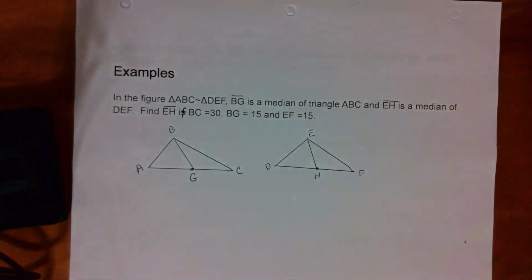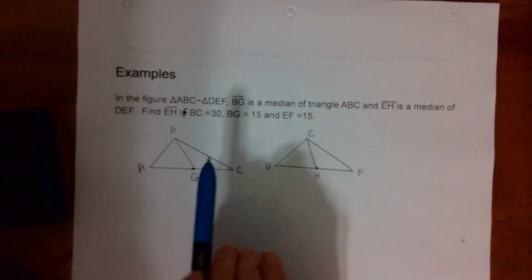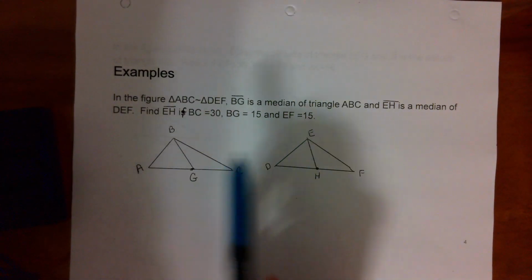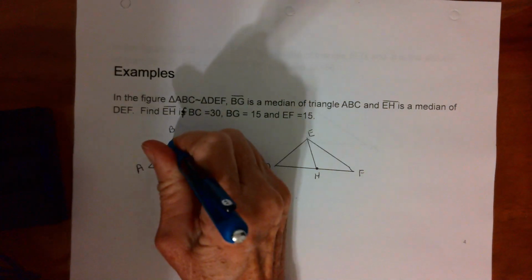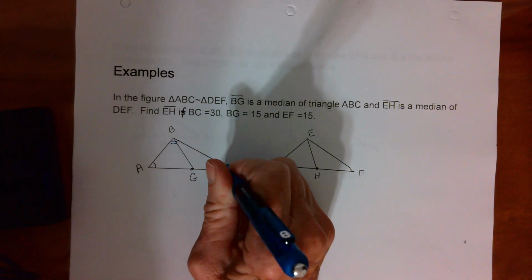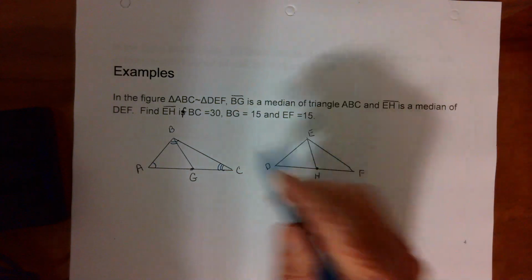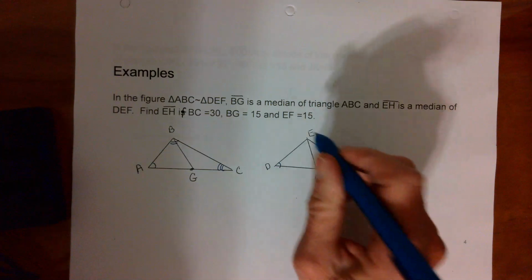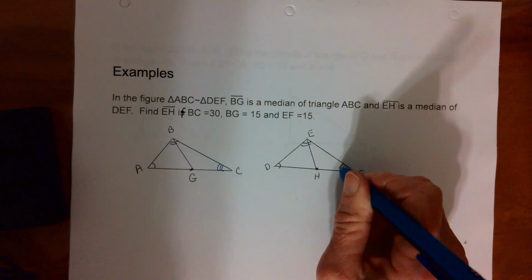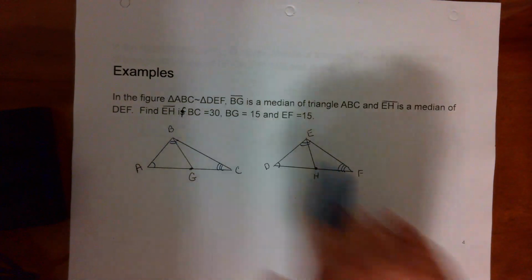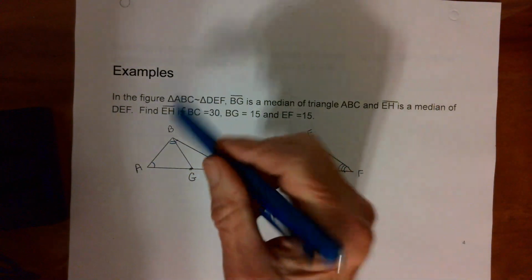So, like for instance, in this particular figure, says if the figure triangle ABC, and I'm going to go ahead and mark the angles here, ABC is similar to DEF. Okay, so I've marked it according to that similarity statement.